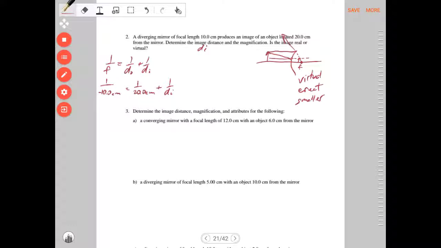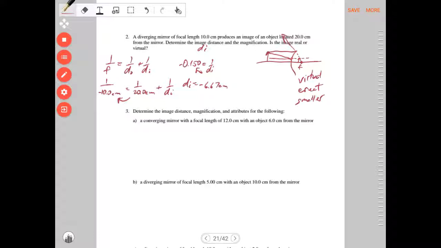Again, we just move that over, so 1 over negative 10 minus 1 over 20, and that works out to a decimal, negative 0.150, equals 1 over di. Then we just switch those two, so di equals negative 6.67 centimeters.